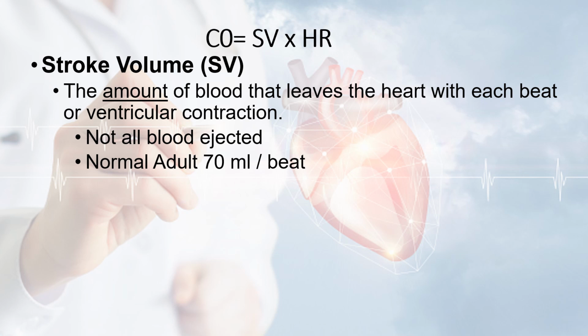You need to understand that the blood collected in the ventricles is not 100% ejected. In normal adults there is about 70 ml per beat, that is pumped out of the ventricles during each heartbeat.